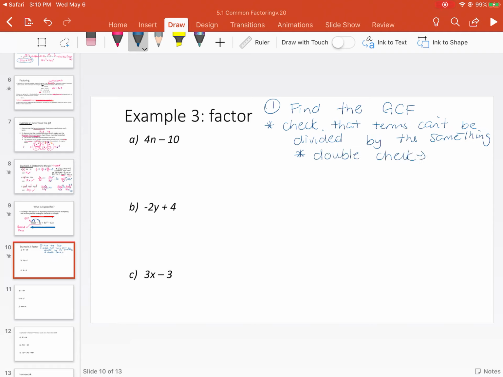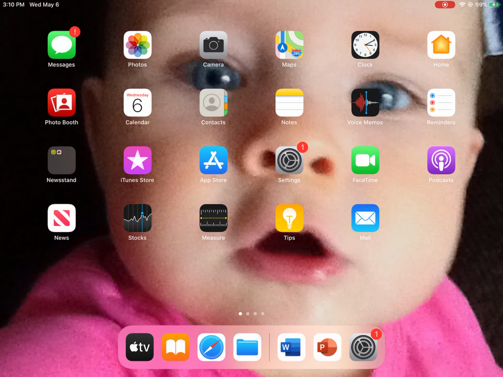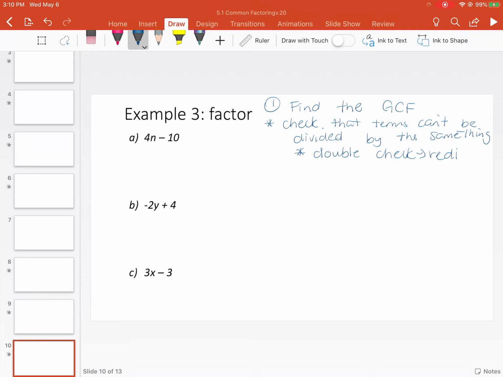And you can actually double check, because when we have factored form, you can redistribute.